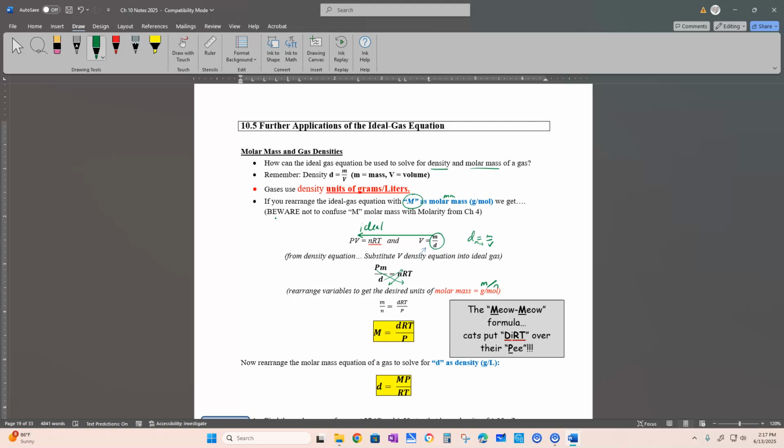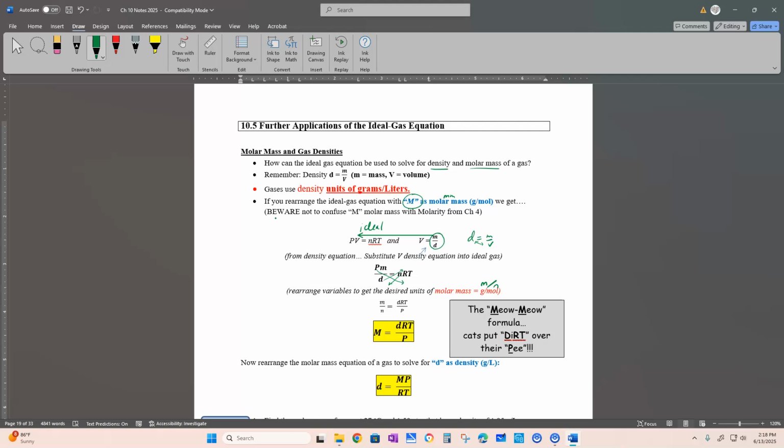The problem is these two equations I'm about ready to show you are not on the equation sheet, but the ideal gas equation is. So either you can learn how to derive it yourself, or the nasty word that you know I don't like to say, memorize. But I like to call this the meow meow formula. Meow meow, molar mass.